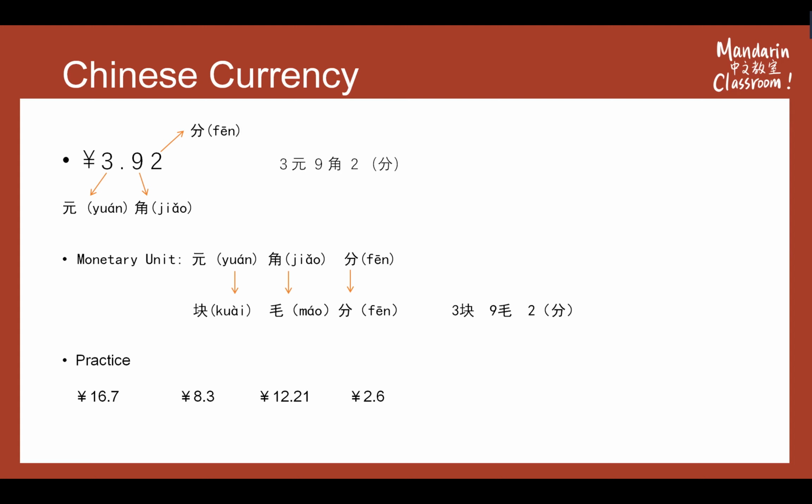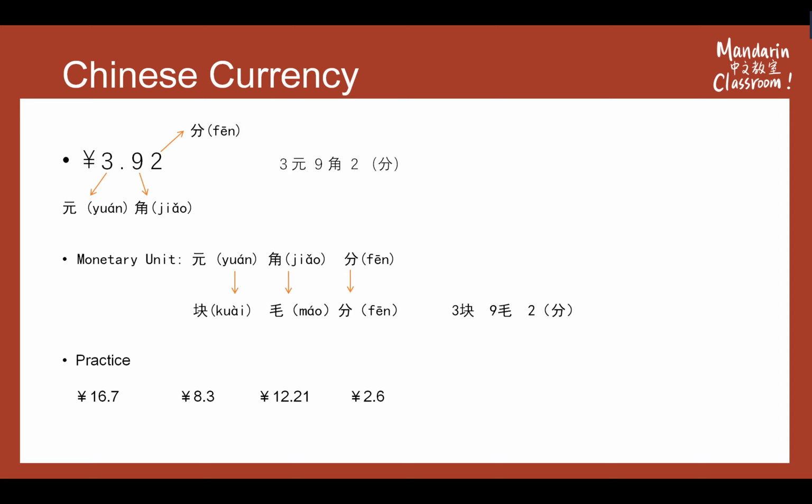So kuai, mao, fen is totally equal to the units yuan, jiao, fen. But we like to say kuai, mao, fen, these 3 units in our daily life, in our daily conversation. If you go to a Chinese store and talk to the shop owner to buy things, they will talk to you in kuai, mao, fen, this kind of monetary unit.